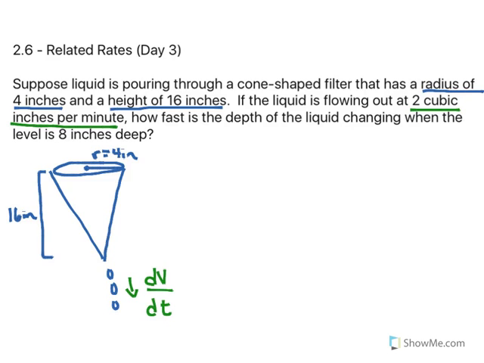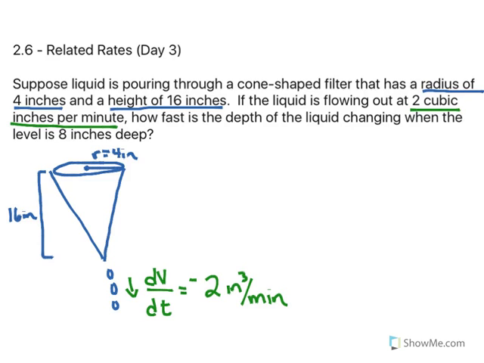Because it's coming out and not going in, this is going to be a negative 2 cubic inches per minute. Okay? And it's dV/dt, again, because it's a cubic unit. All right? And something cubic automatically goes with volume.